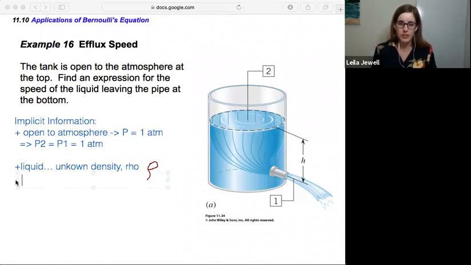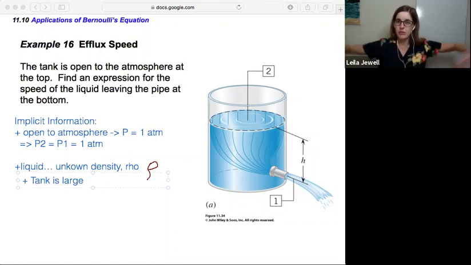What else do we have here? The other thing that's pretty implicit is the size of the tank. This is the one that I think is most uncomfortable. I would prefer if they gave a little more explicit information here, but we're going to just note the tank is large. Now, why is this notable that the tank is large? Well, if you have a really large tank, then it's going to take a long time for the water level to go down, right?